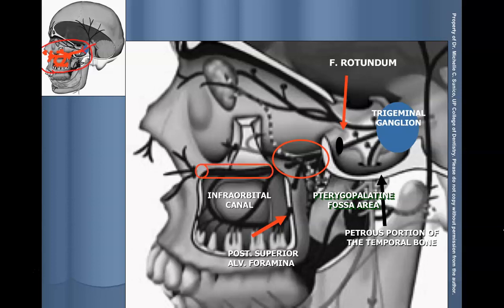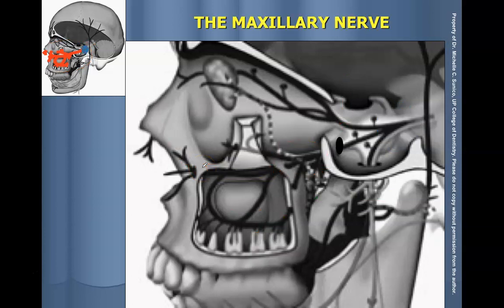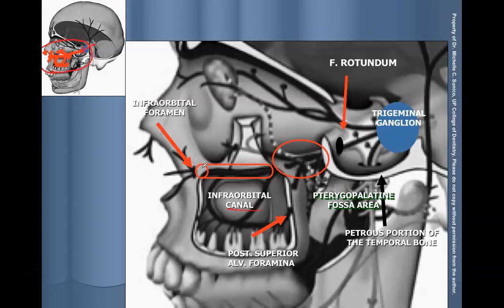And this is the infraorbital foramen, and it terminates into the infraorbital foramen. Sorry, this is the infraorbital canal. Okay, and it terminates into the infraorbital foramen. I am mentioning all these structures because the main trunk of the maxillary nerve will pass through all these structures.